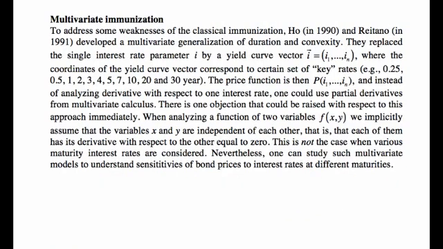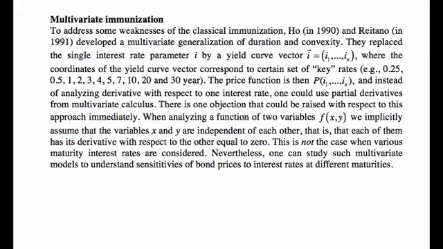Because of these issues with immunization, the weaknesses I had mentioned to you, some thought has been given to improving it. In 1990, Thomas Ho and then Robert Reitano in 1991 developed a multivariate generalization of duration and convexity. They replaced the single interest rate parameter I by a yield curve vector, I = (I1, ..., IN), where the coordinates of the yield curve vector correspond to a certain set of key interest rates.